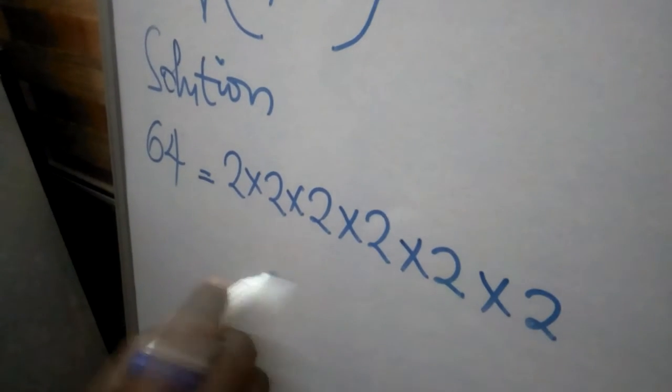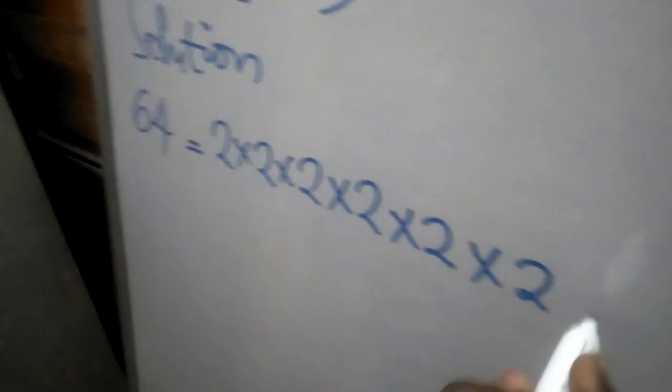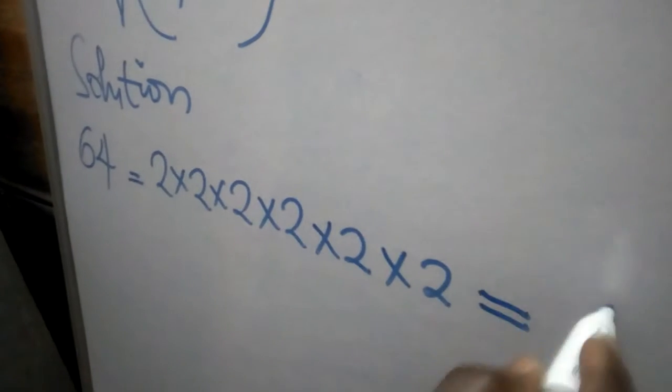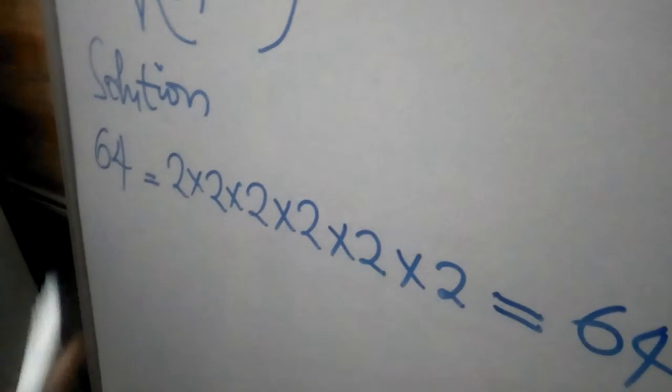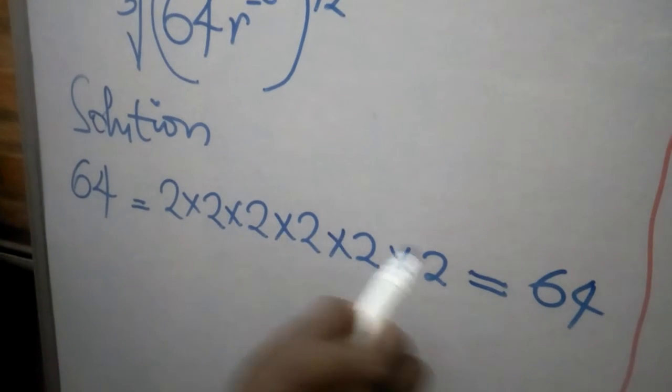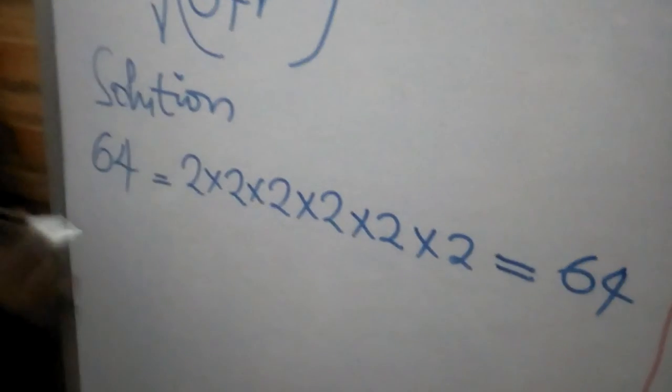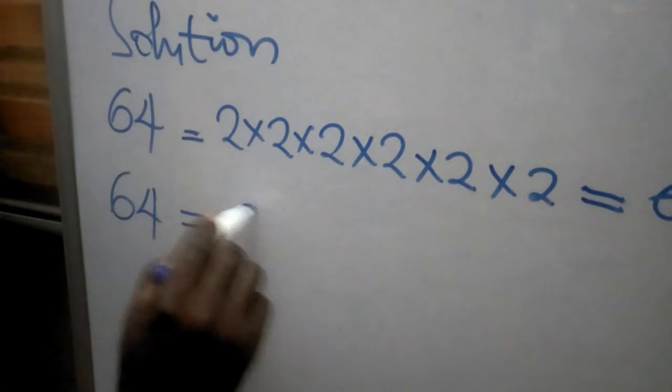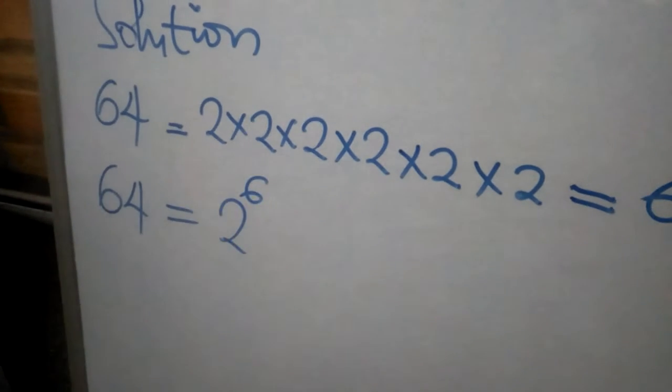This will give you 64. This is equal to 64. So how many 2s do you have here? We have 1, 2, 3, 4, 5, 6. So 64 could be expressed as 2 raised to the power of 6.